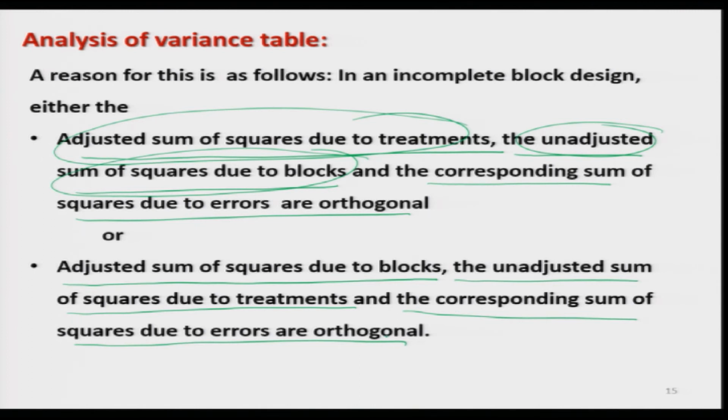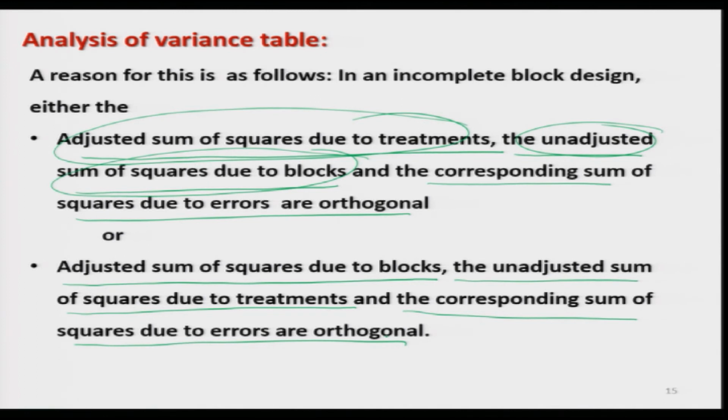And in the other case, if you consider the adjusted sum of squares due to blocks, then if you want to apply the Fisher-Cochran theorem, the treatment sum of squares, which is unadjusted, is going to be orthogonal, and SSE remains orthogonal in both the respective cases.